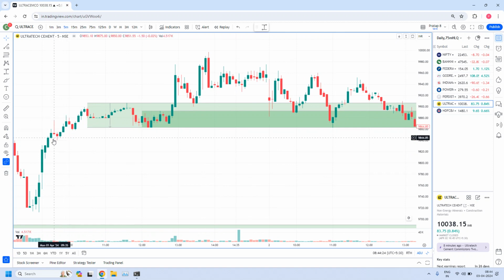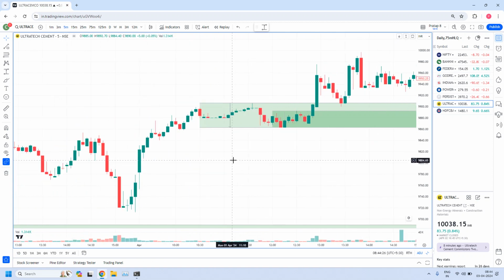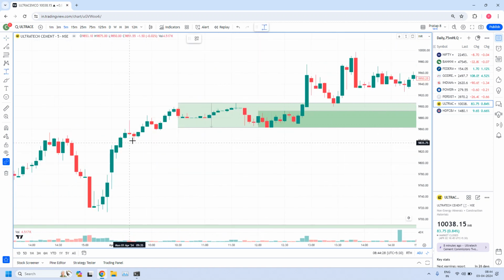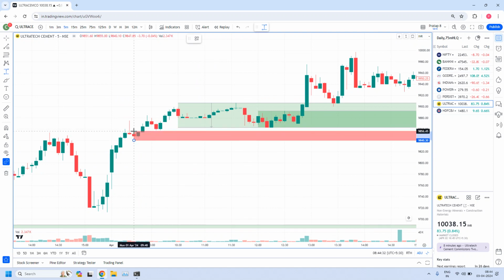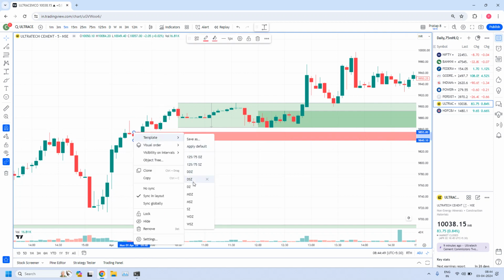We have a leg candle. If you consider this as an ERC candle, this is the way you can draw a demand zone.